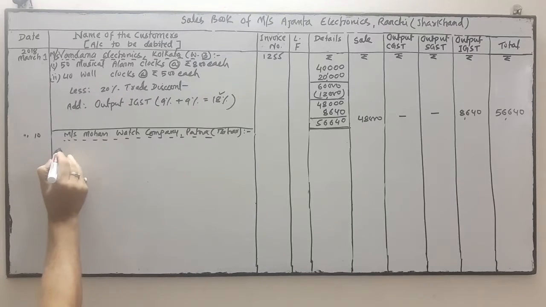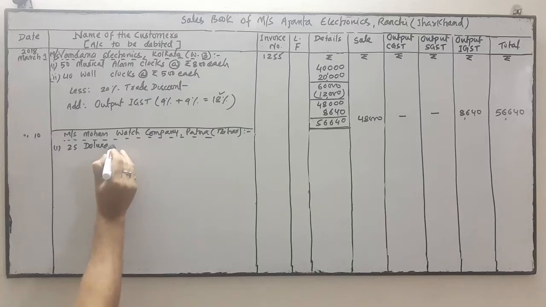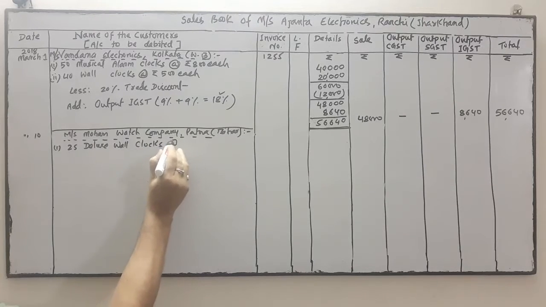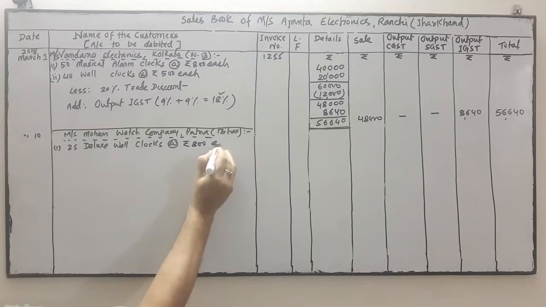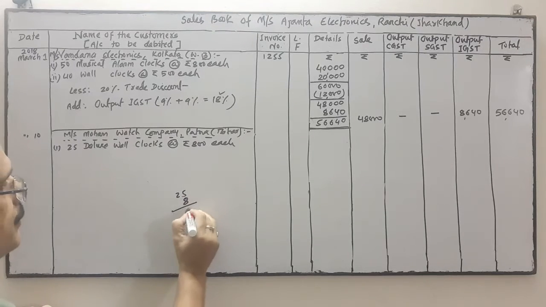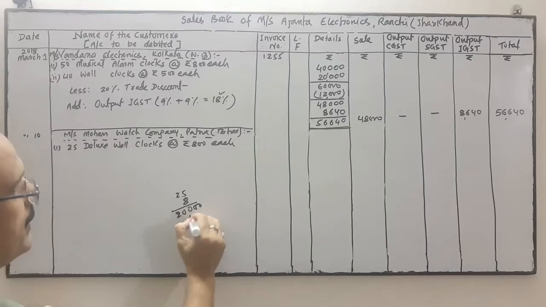Only one item is sold: 25 deluxe wall clocks at the rate of rupees 800 each. So the total will be how much? 25 into 800 is 20,000.